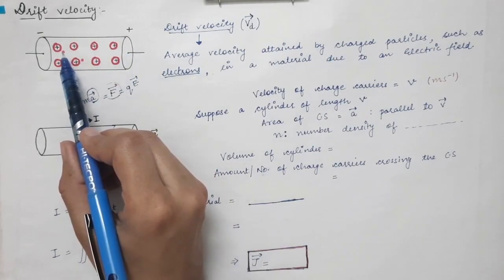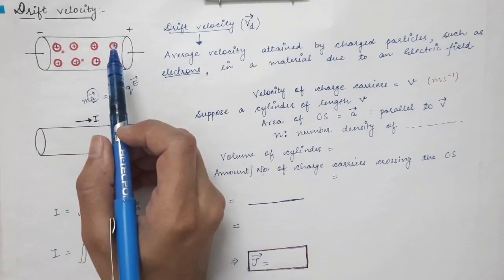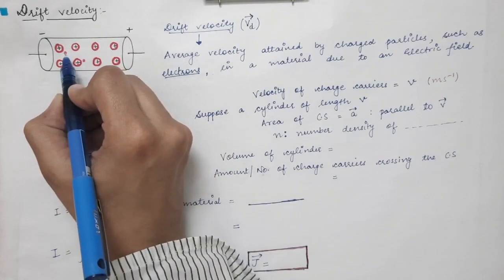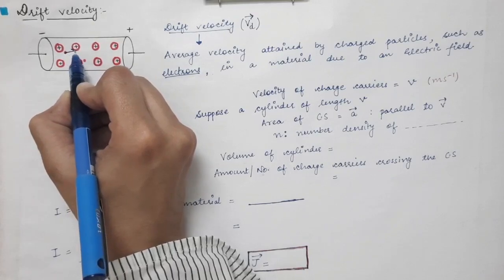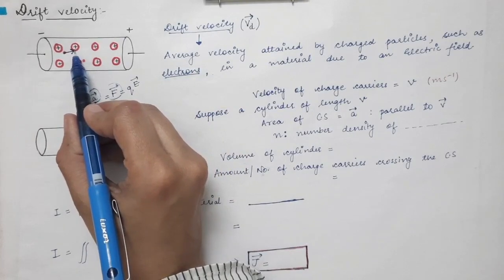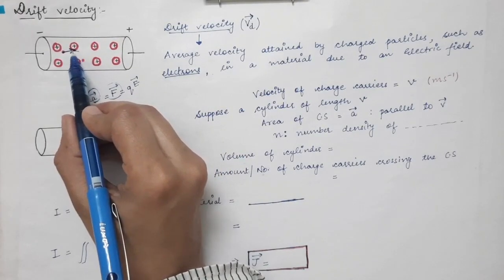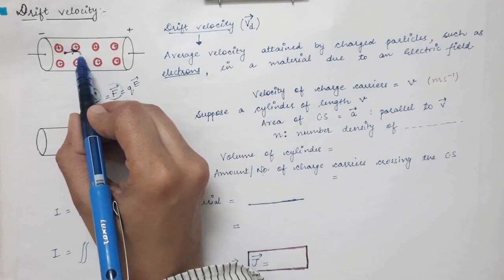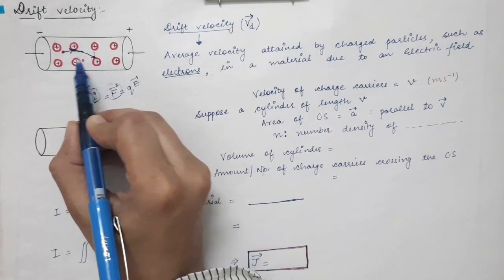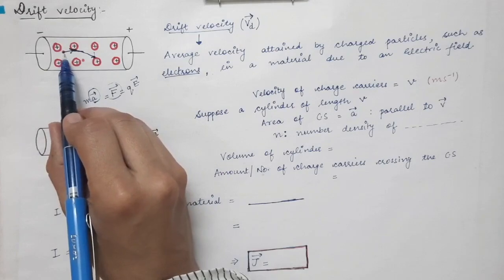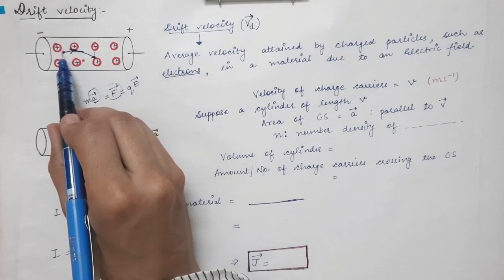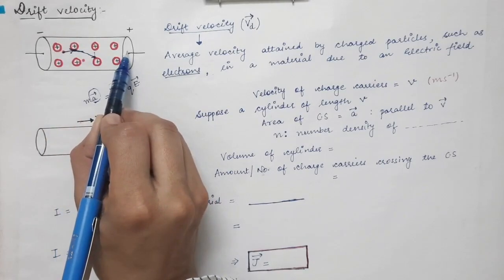In fact, it will be colliding with the other positive ions which are present. So this electron will move in this direction, let's say, then it will collide with this positive ion, and after that it will be deviated a little bit due to the collision. Then, let's say, it starts moving in this direction. On an average, the electron will be moving towards the positive terminal. As you can see, on an average this electron is moving towards the positive end.